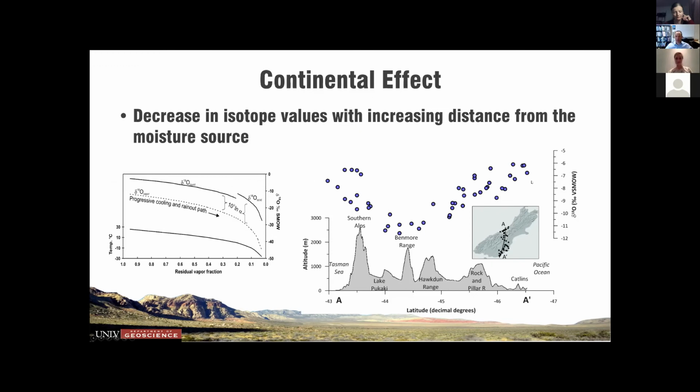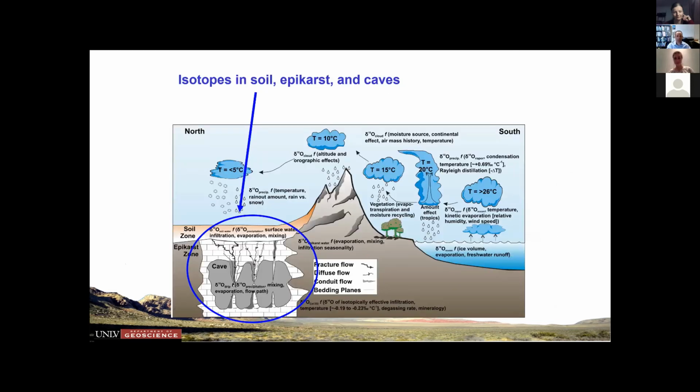So basically what we have is two air masses coming in, and towards the coast you have high values, and in the most interior continental locations, it's really only a single air mass coming in from the Tasman Sea, so that has the greatest amount of Rayleigh distillation. Okay, so again, this is the local data that helps you understand your potential field area.